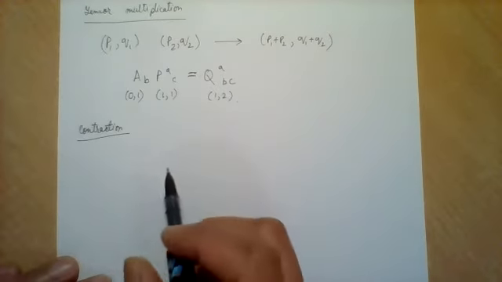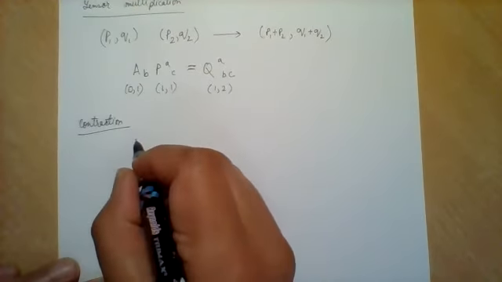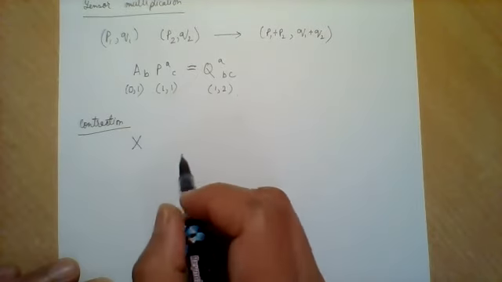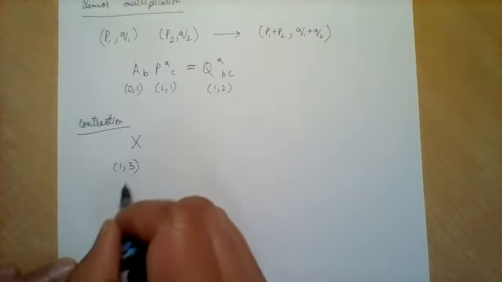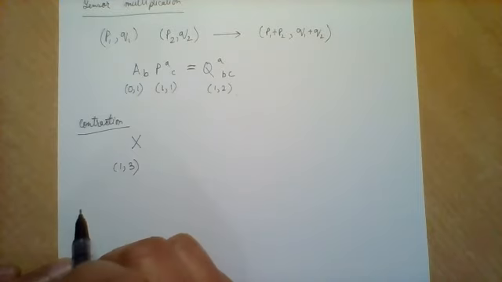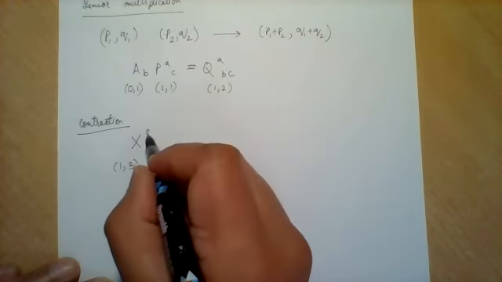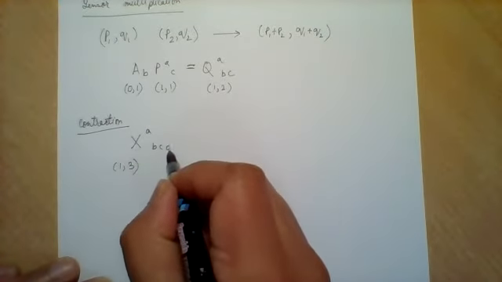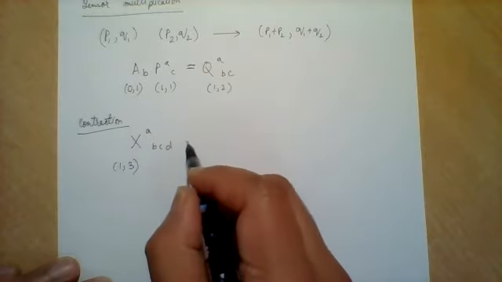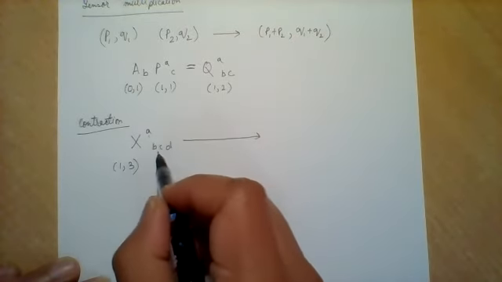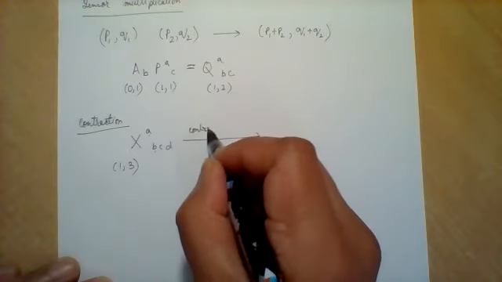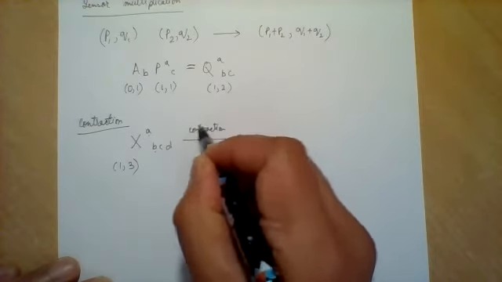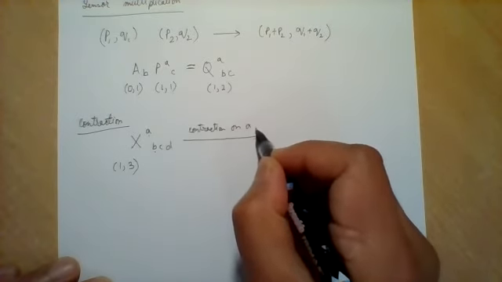For example, I have a tensor X of type (1, 3). So you see X is X^a_bcd, of type (1, 3). Consider a contraction on a and b.